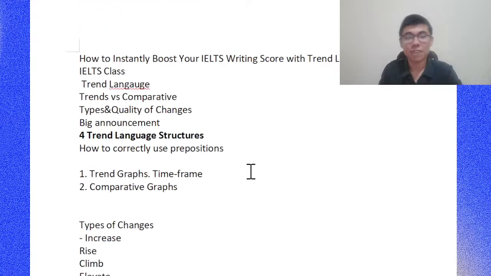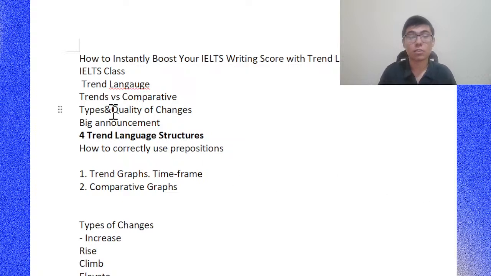So now we've talked about both trends versus comparatives and types of changes. But I've seen a ton of people make mistakes because they incorrectly use phrases like significantly or gradually, slightly, and they just don't really realize the difference between them.